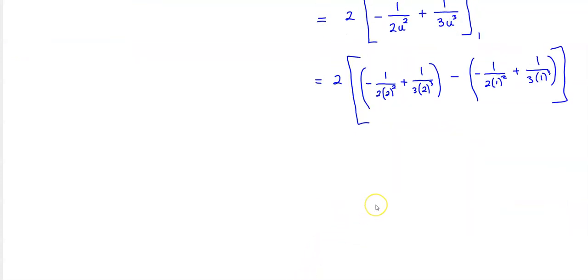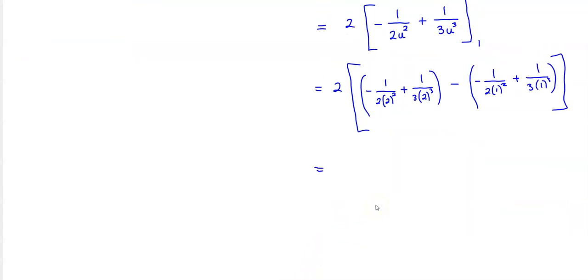So let's evaluate this a little further. We have 2, and this becomes negative 1 over 2 times 2 squared. So 4 times 2 is 8, so this is negative 1/8. Plus 1 over 3 times 2 to the third power, which is 8 times 3, which is 24.